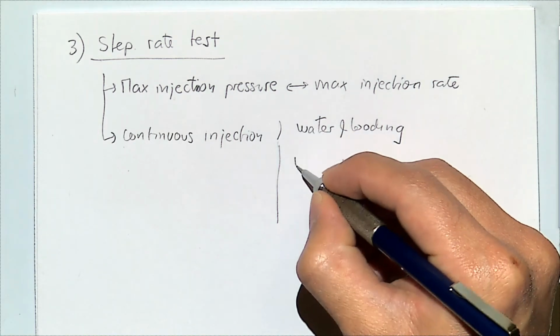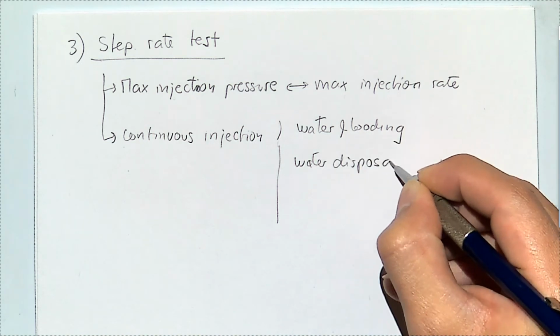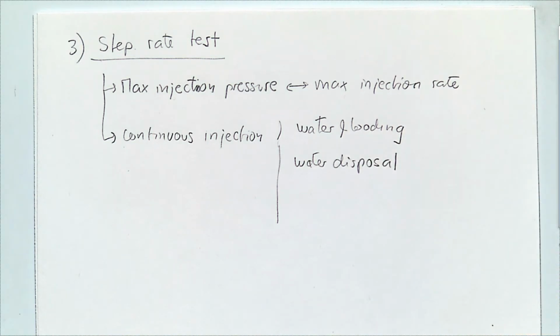For example, water disposal from production water or from backflow water. Most times, unless we treat it, we cannot dispose of it on surface. So one solution is to dispose of it underground. And usually, if you work for a water disposal company, your objective is to dispose as much water as possible and as quickly as possible.